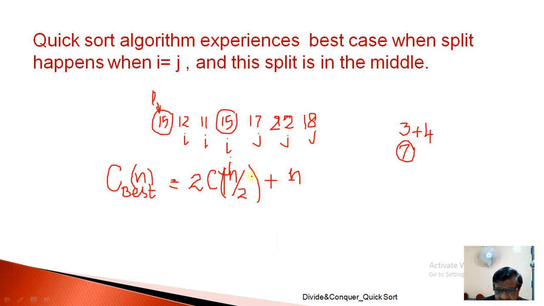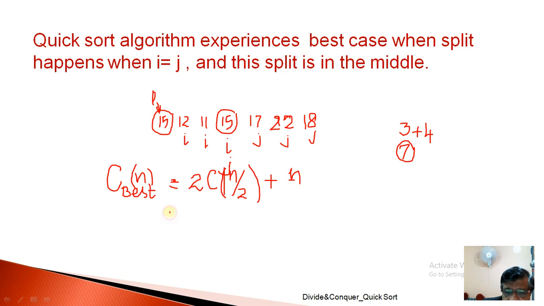I repeat, in the best case of the quicksort algorithm, the number of comparisons as a function of input size equals as many comparisons as it is needed in order to sort two unsorted subarrays, each of size n by 2, and n number of comparisons before that split happens.